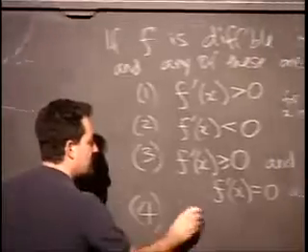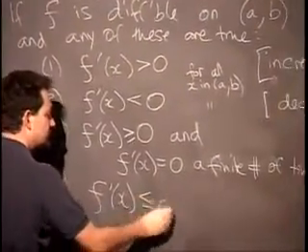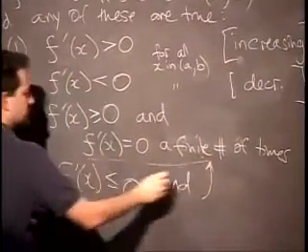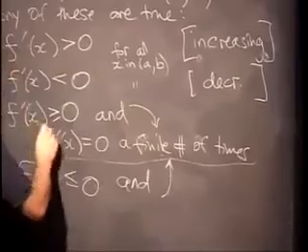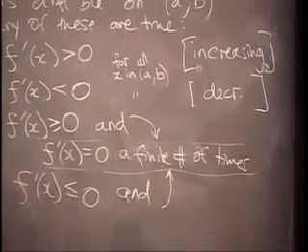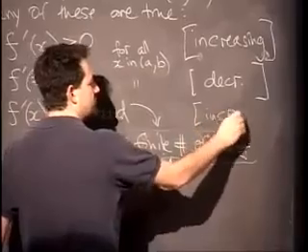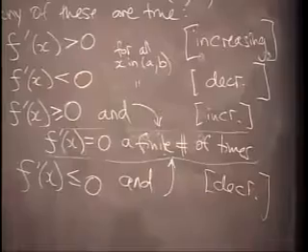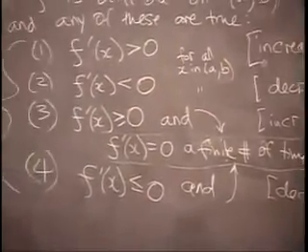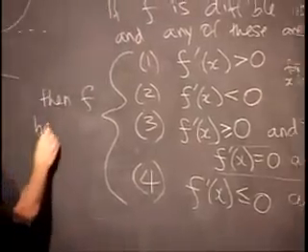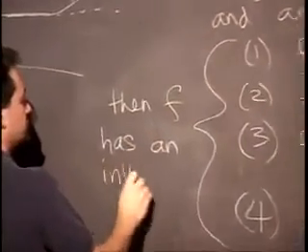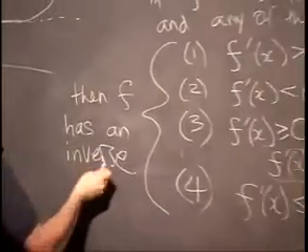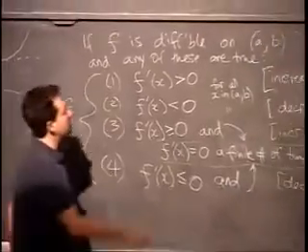And of course, I have to allow for the decreasing case. So this is also increasing with momentary flat points, and this is decreasing with momentary flat points. If any of these are true, then f has an inverse. Or at least f has an inverse on (a, b). I should say on its domain.